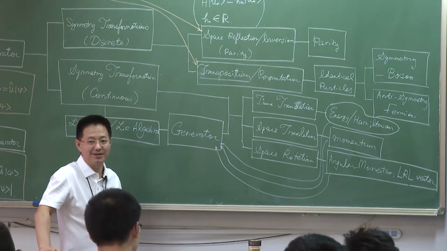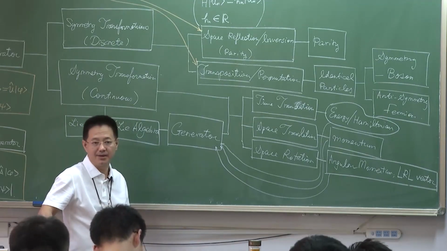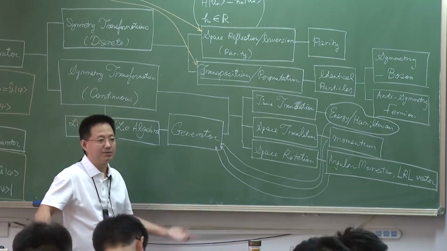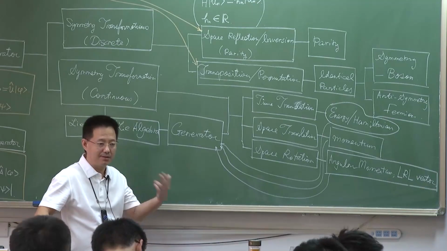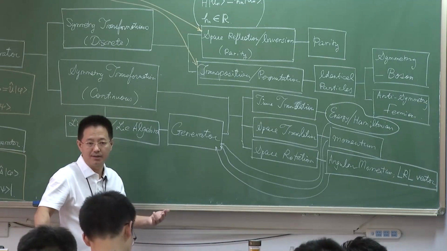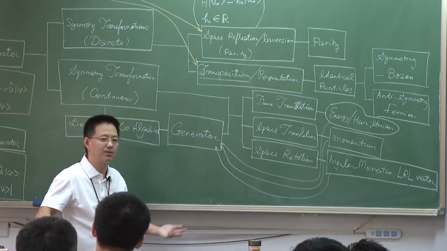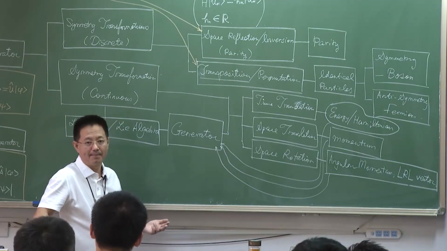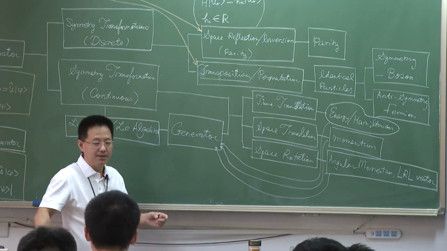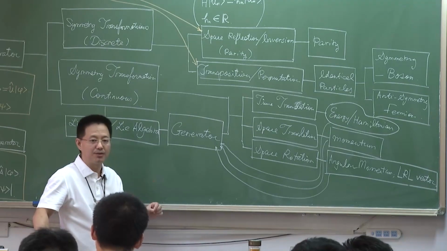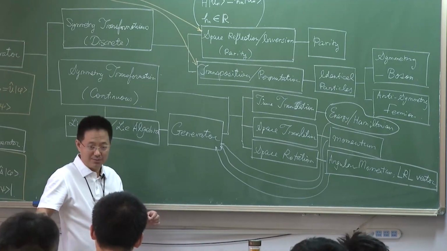It's just like the generating functions in Hamiltonian mechanics. We have the canonical transformation, connected with the generating functions of type 1, 2, 3, and 4. So the generating function is used to generate the canonical transformation.